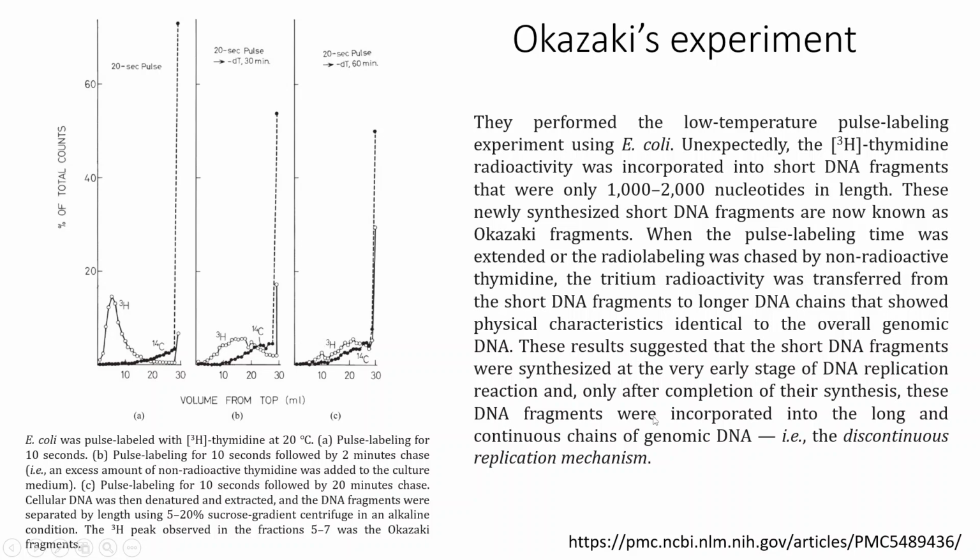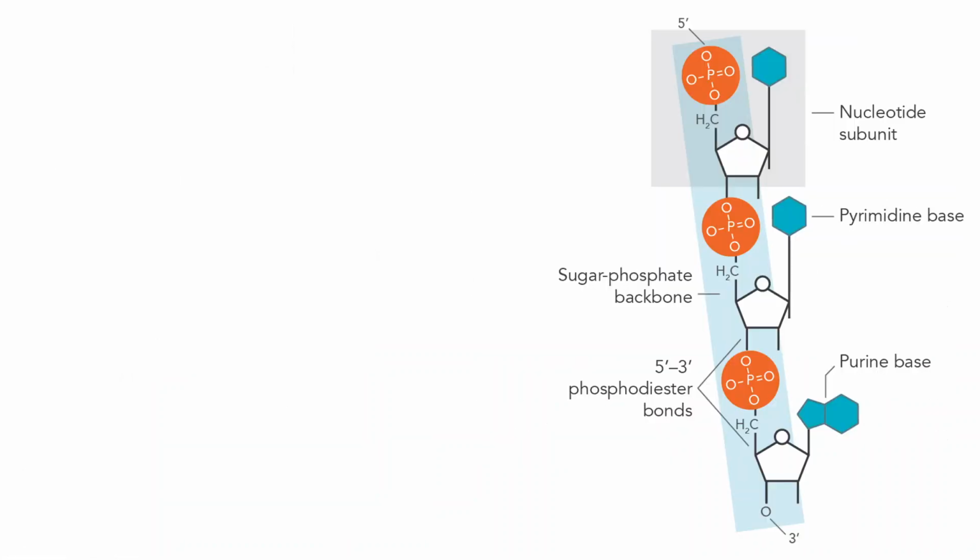So that's how they concluded that these DNA fragments were not only being synthesized separately, but after synthesis was done, these fragments were incorporated into a long, continuous chain of genomic DNA. So they posited their discontinuous replication mechanism for the lagging strand. So that's the Okazaki experiment.